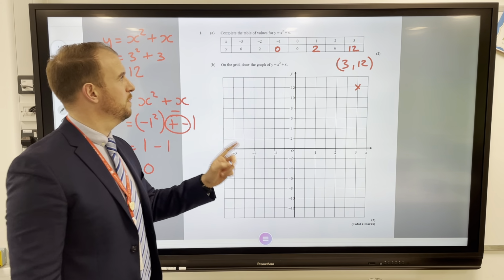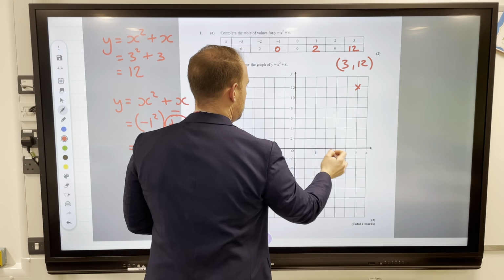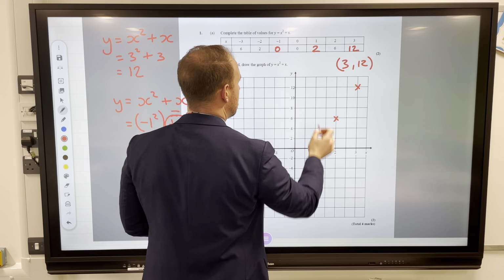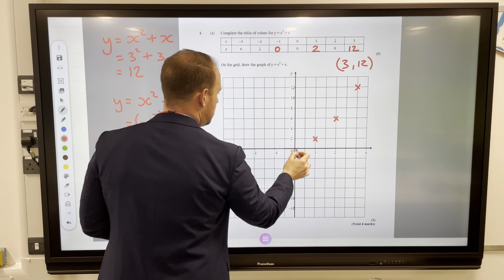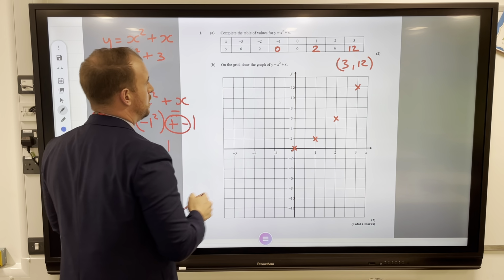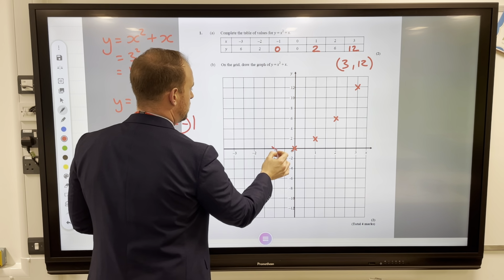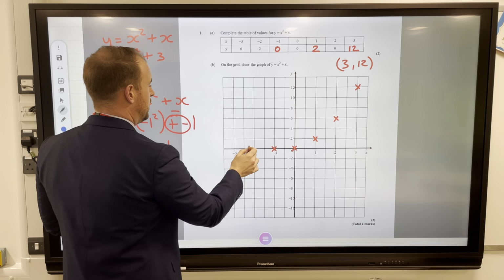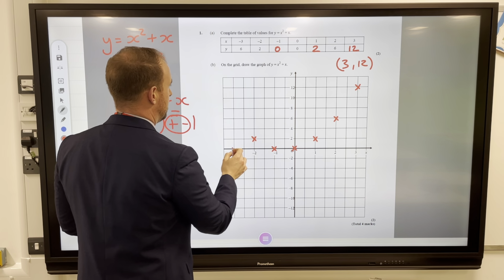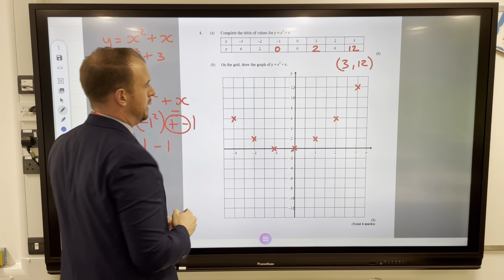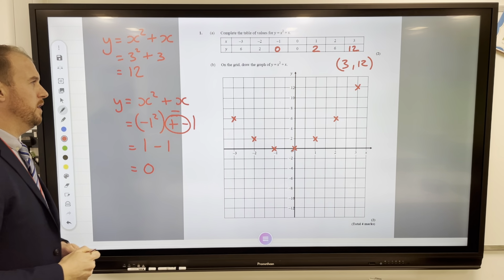So be careful with that scale. 2 is 6, 1 is 2, 0 is 0, minus 1 is also 0, minus 2 is 2, and then minus 3 is 6. So I've plotted my points.